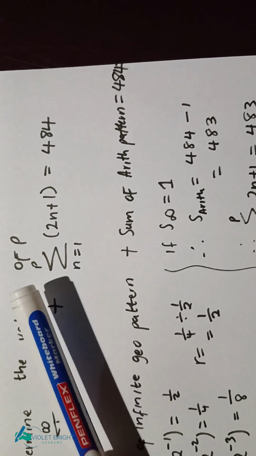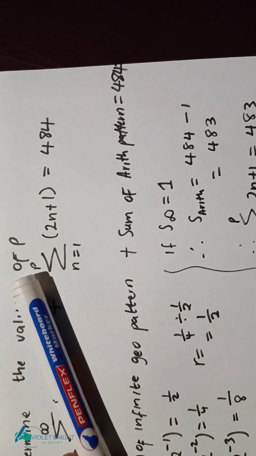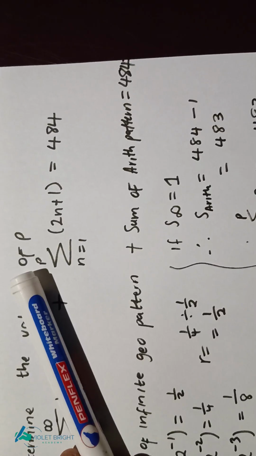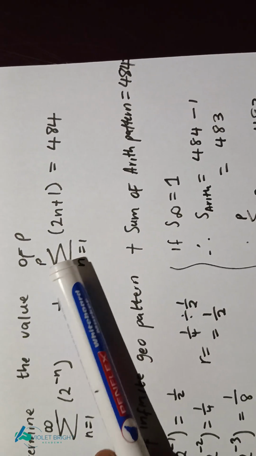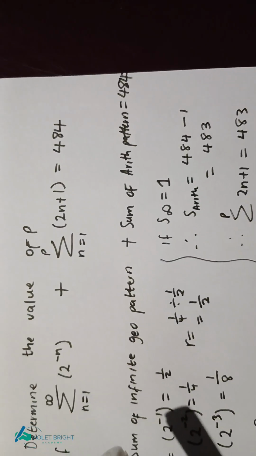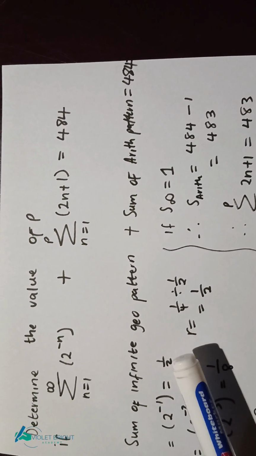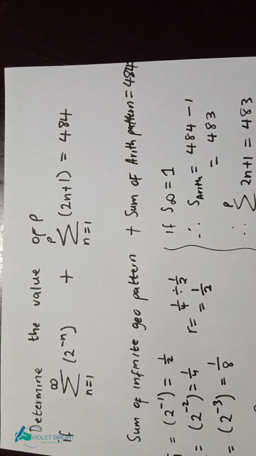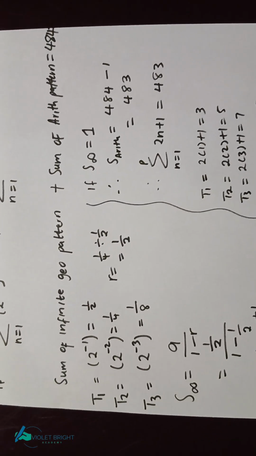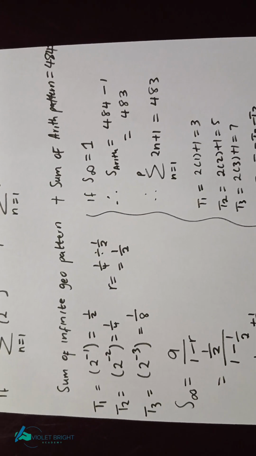Unfortunately, we are not given the number of terms in the sequence, and we are given the general formula. Then basically here it's the sum of the infinite pattern plus the sum of the arithmetic pattern. When we add together the sums, they are both equal to 484.